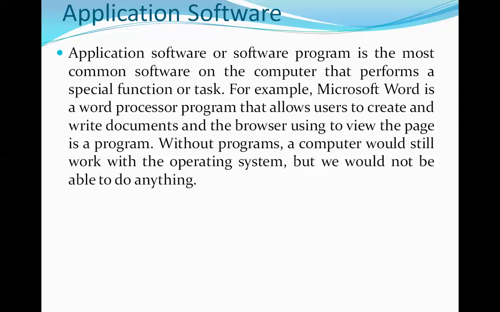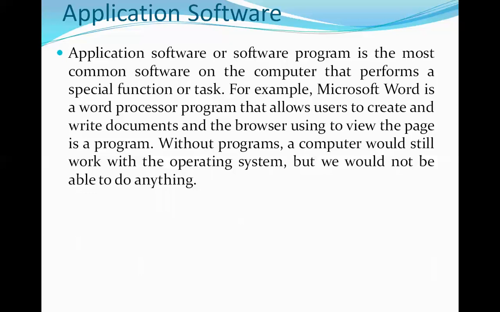Next is application software. It is the most common software on the computer that performs a special function or task. For example, MS Word is a word processor program that allows users to create and write documents, and the browser used to view the page is a program.